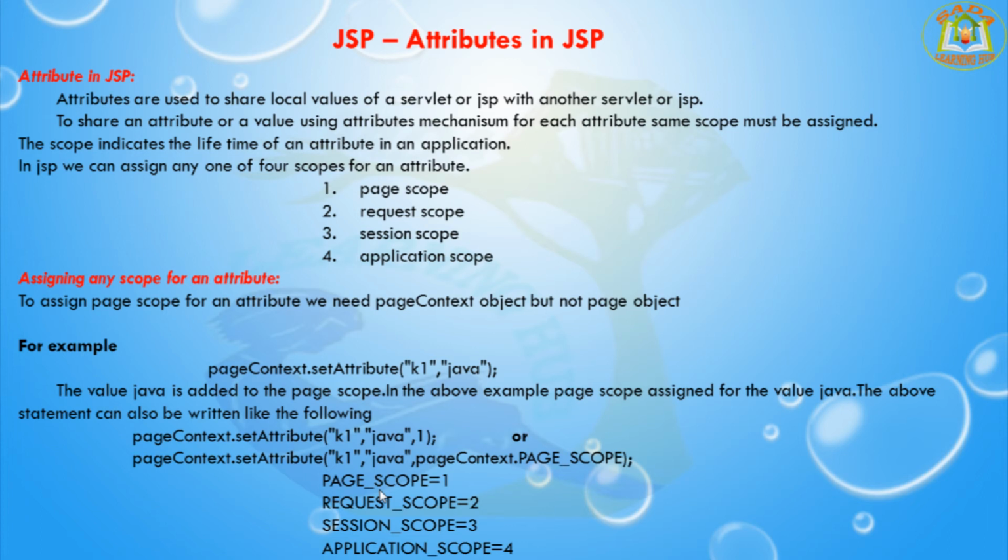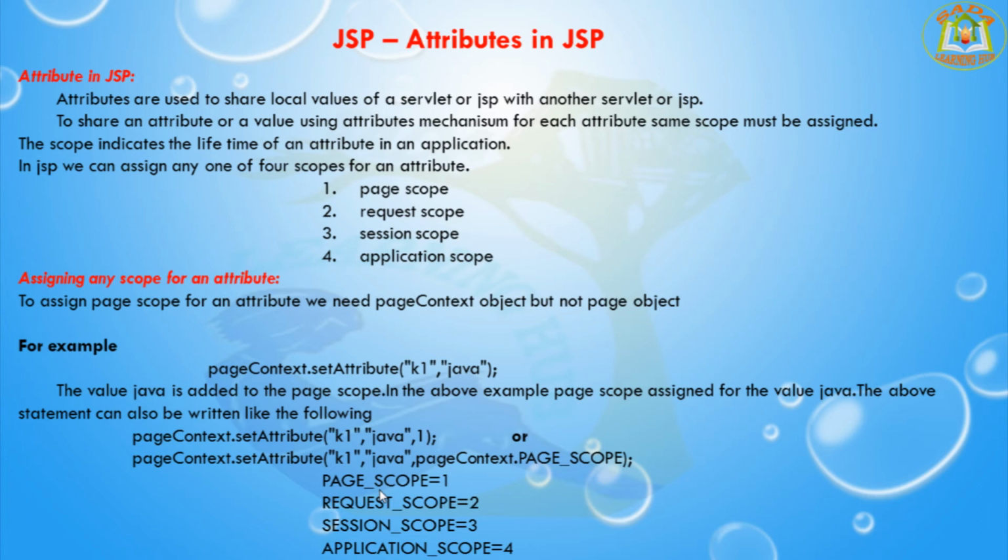The container is going to check first whether it is available in the page scope or not. If the attribute key k1 is available in the page context, it returns the value of k1.